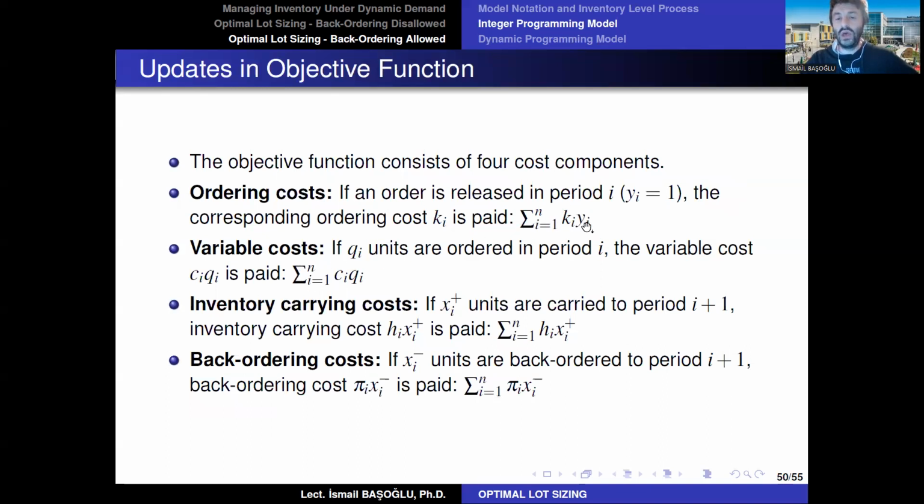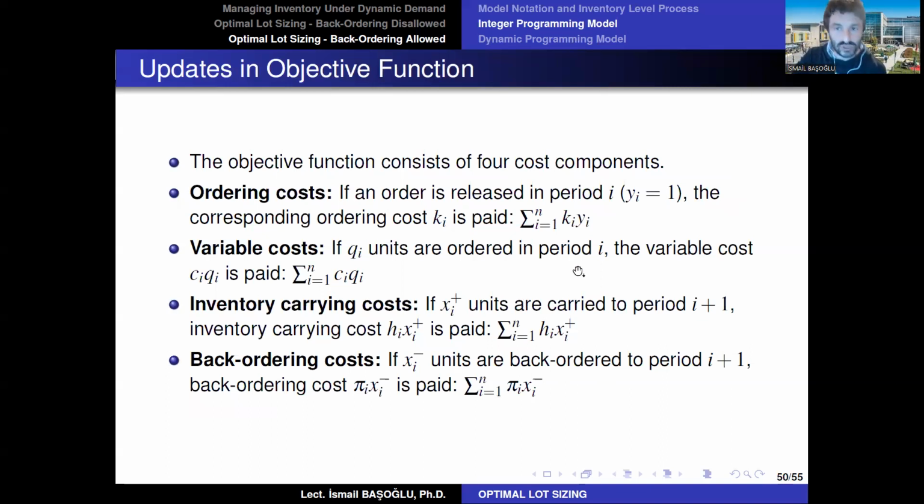Now, when you allow yi to be equal to 1, this means you can release a positive order quantity to your supplier, and for each unit you need to pay ci dollars of unit purchase cost. So from the first period to the last period, the total of this variable purchase cost will give you the total variable cost.